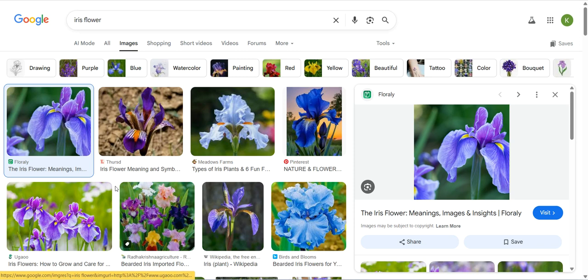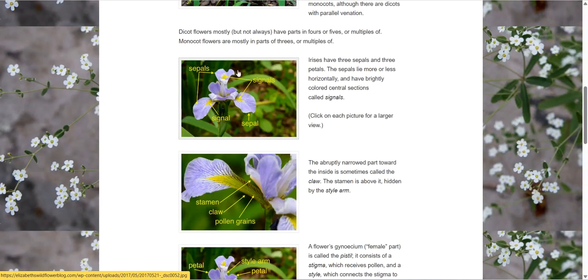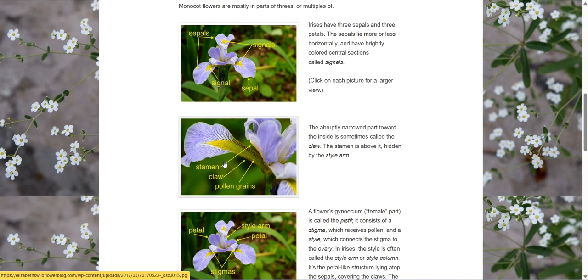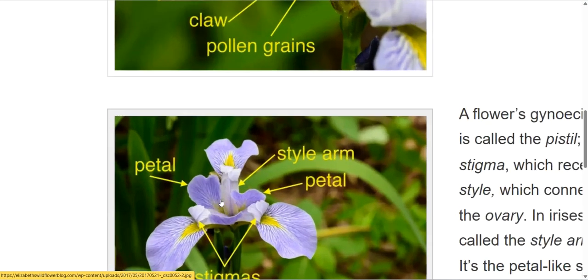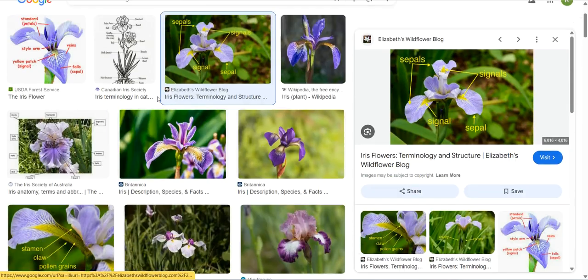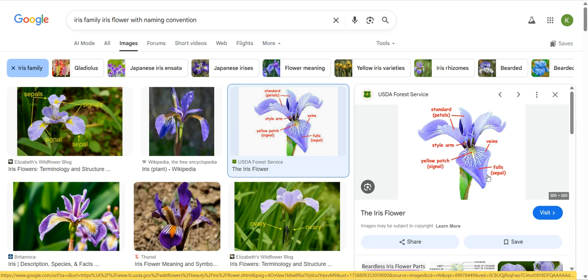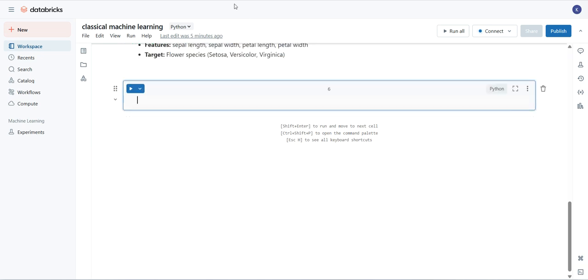I want to show the iris flower so we can understand this is the petal length, this is the sepal. So we can understand the parts of the flower: the smaller flower parts are the petals and the sepals. This is a very common example we are using.